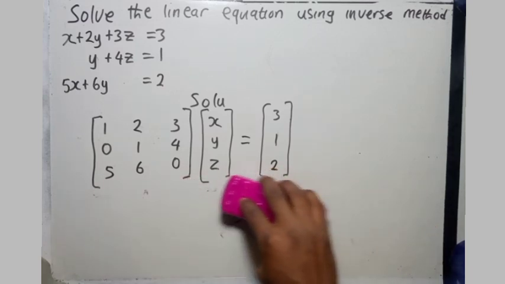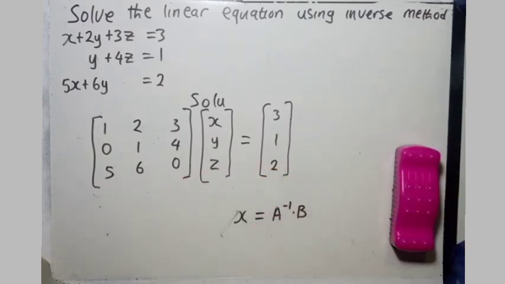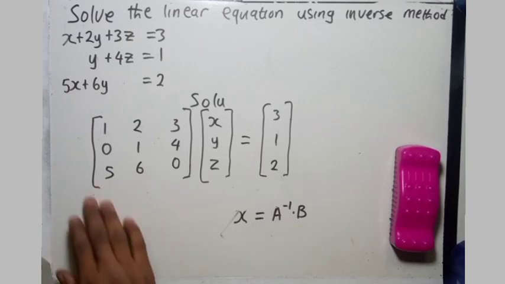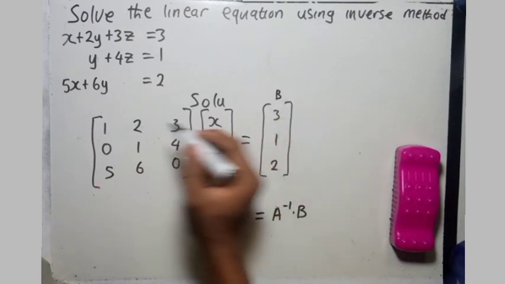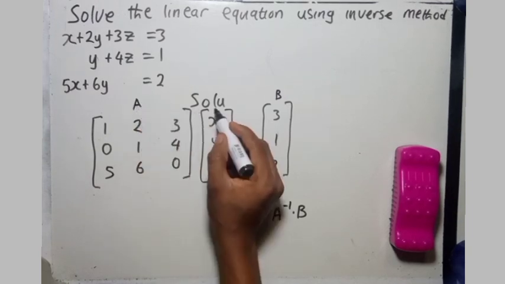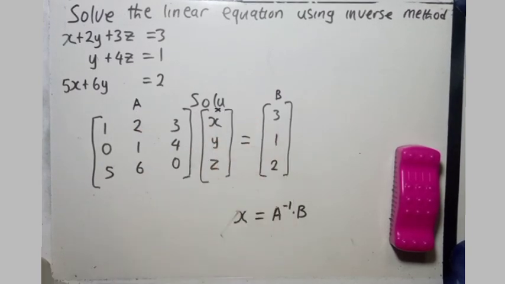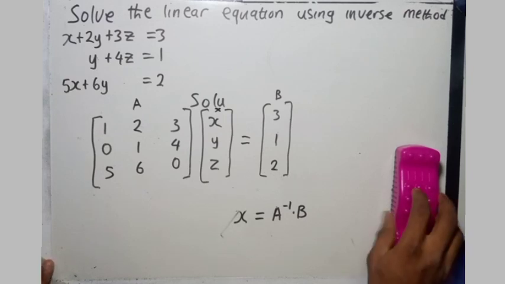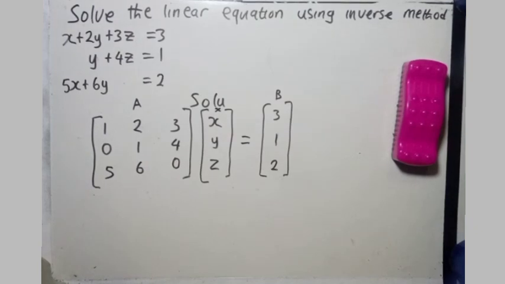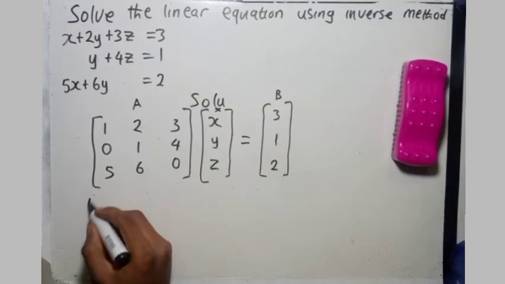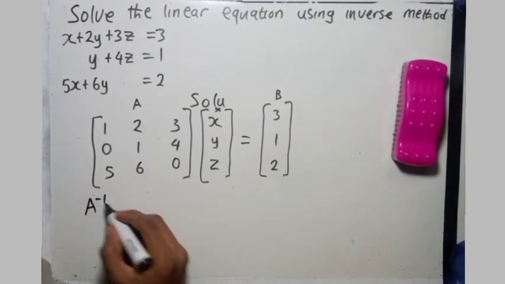We'll find its inverse, and we will then multiply it by the value of B. And remember, here is our B, and here is our A, and here is our X. So that's our aim here.